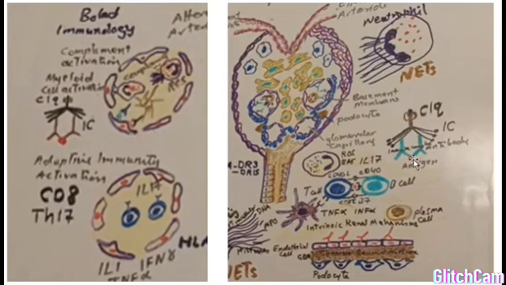As can be seen here, the immune complex is the antibody and the antigen of the dead Streptococci. These antibodies are specific for Streptococcus pyogenes, and this antigen is from the dead Streptococci here at the basement membrane of the glomerulus of the kidney.